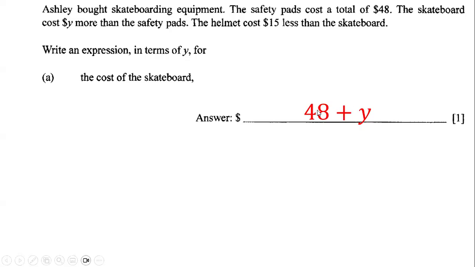So it's going to be 48 plus y. This is the cost for the skateboard. Does that make sense? How we get 48 plus y? Yes, that makes sense. Okay, so that's how we get the first one.